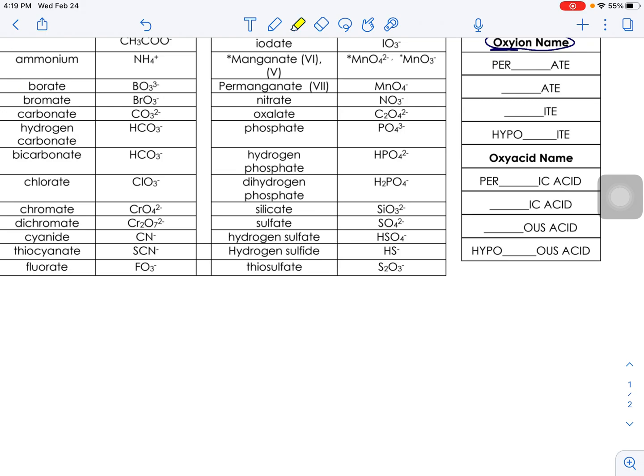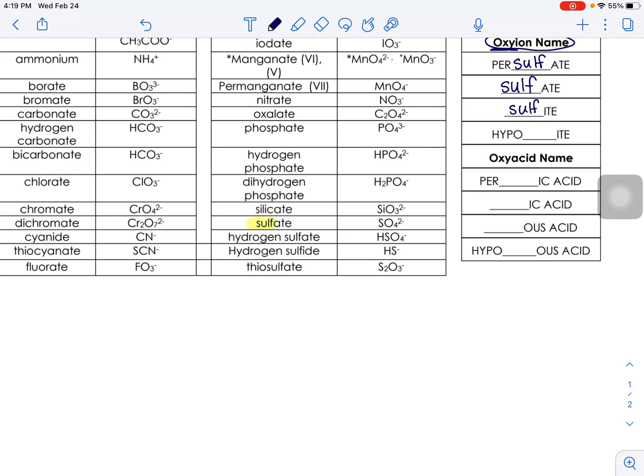So let's take a look at sulfate. Sulfate is going to be a common one. So I'm going to highlight the sulf part, and that is what we are going to fill in all of these. Sulfate is what is given to us in that polyatomic chart. Persulfate is going to be 1 more oxygen.